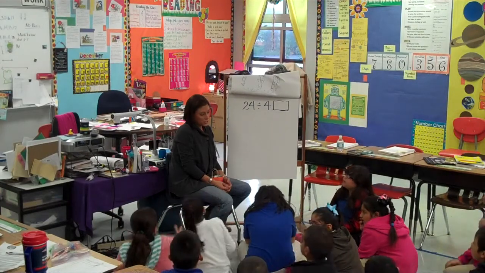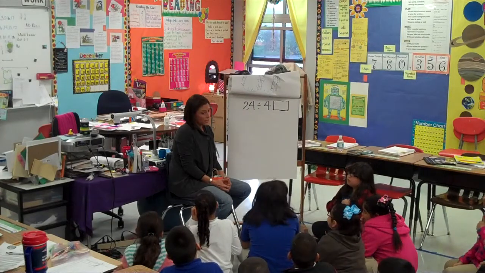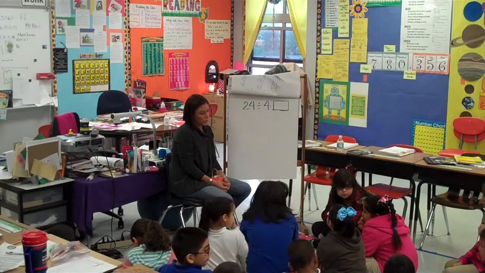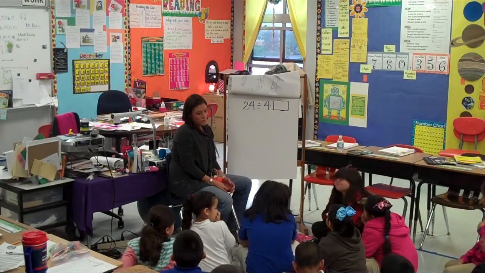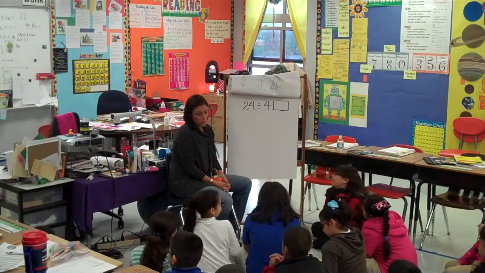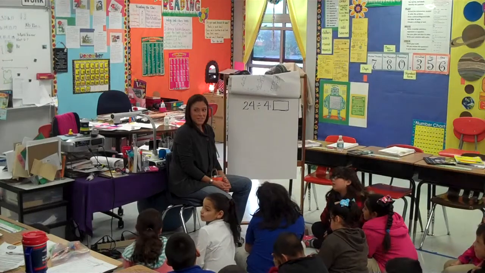Put your thumb to your chest once you have it solid. Okay, we're not going to continue till everybody has their thumb to their chest because I want everybody's brains working and thinking. Everybody needs to contribute. Remember I said participation is 100%. Thank you, Missy.